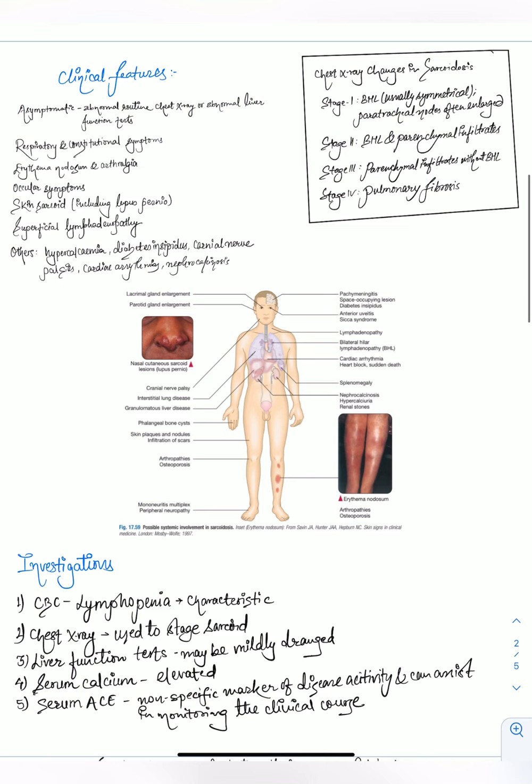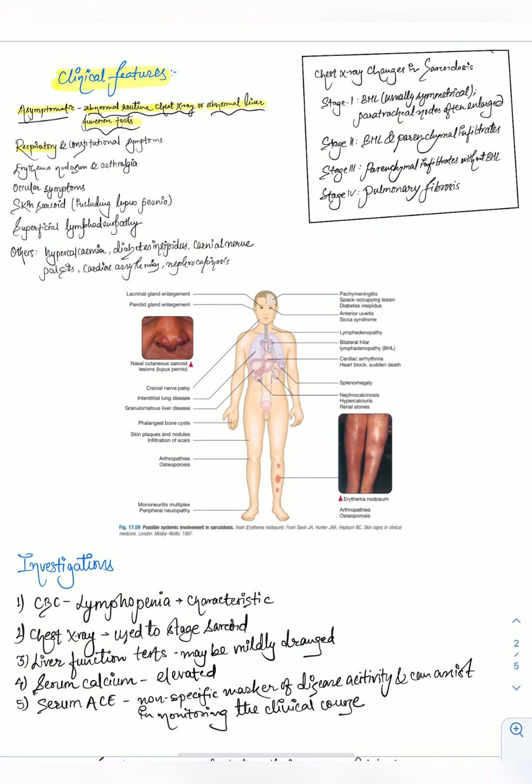So now we will go for clinical features. First of all, it may be asymptomatic, that is, an abnormal routine chest X-ray or abnormal liver function test. In this, patients have no complaints, but when they come for a routine checkup or for another abnormality, we find an abnormal chest X-ray or abnormal liver function test.